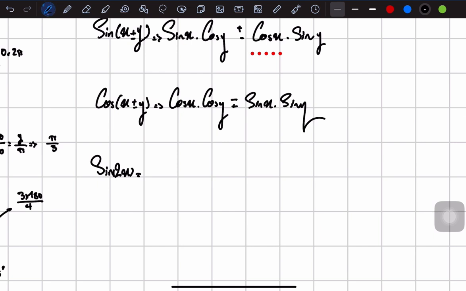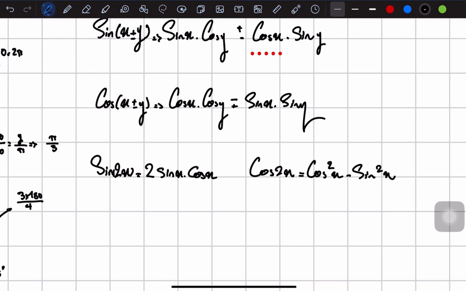We say the sine of 2x is equal to 2 sine x cosine x. And the cosine of 2x would be cosine with the power of 2 minus sine with the power of 2. And yes, that's basically how we show it.